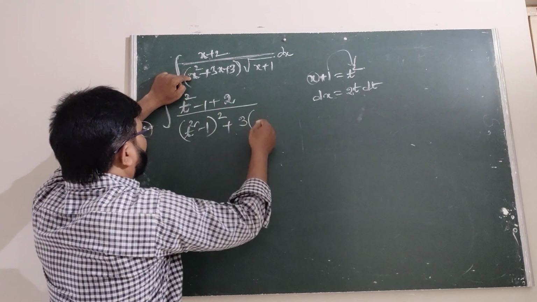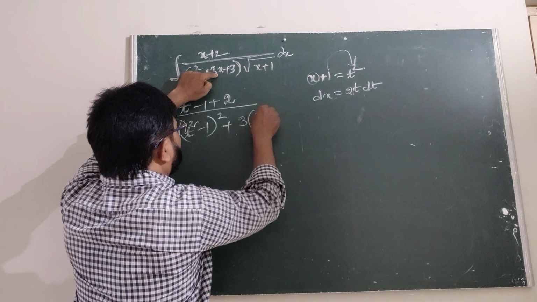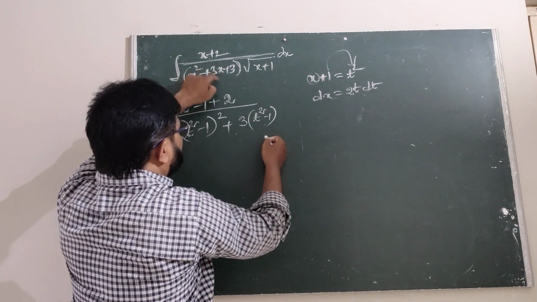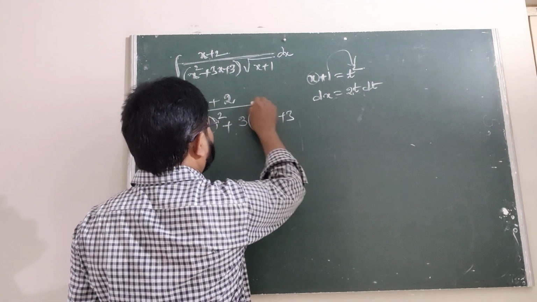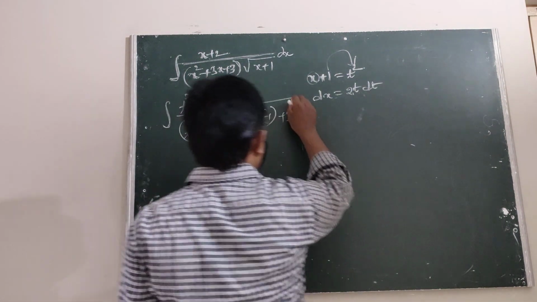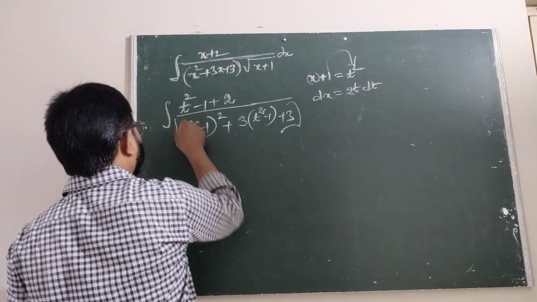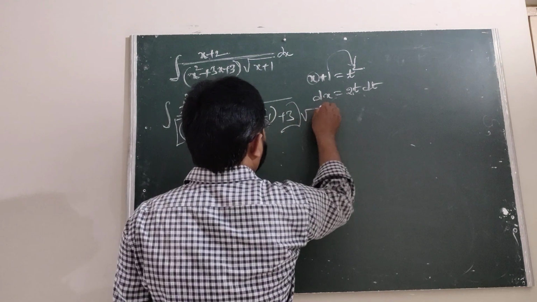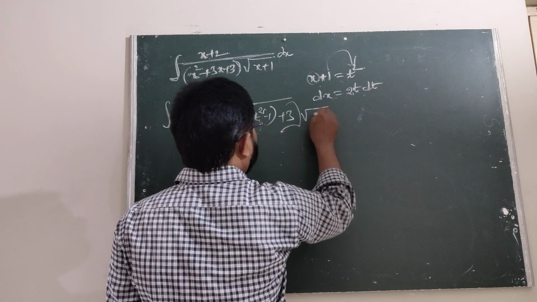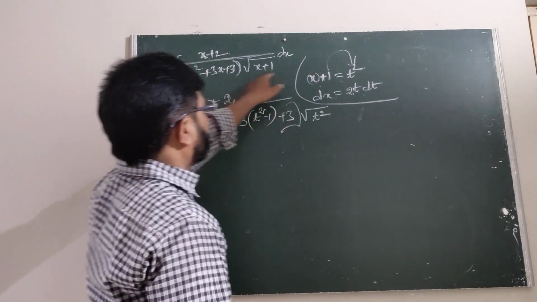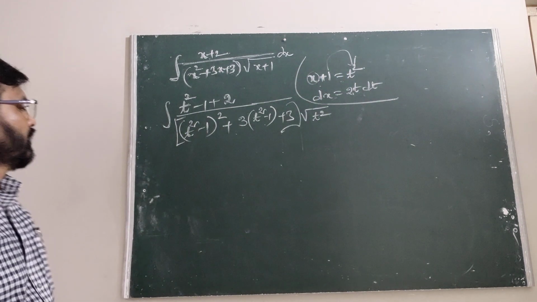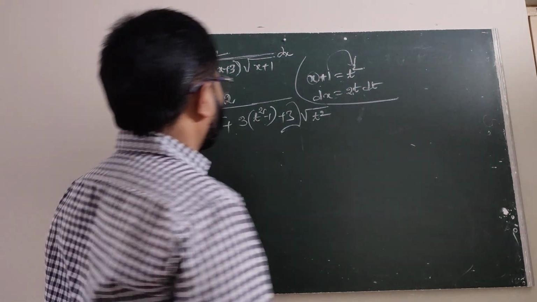Then 3 into x is 3 into (t square minus 1), plus 3. Under root of x plus 1 is t square, so the root is t.